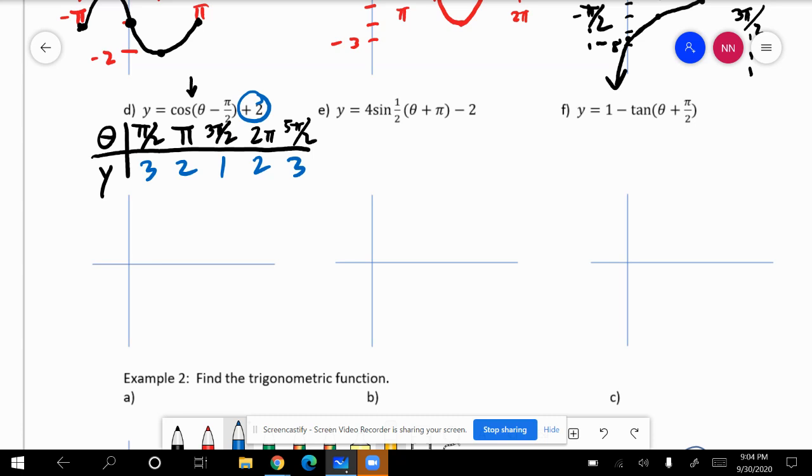We're starting at pi halves. We're ending at 5 pi over 2. We're going to go up to 3. And so we have 3, 2, 1, 2, 3.